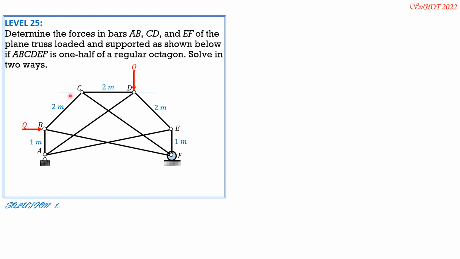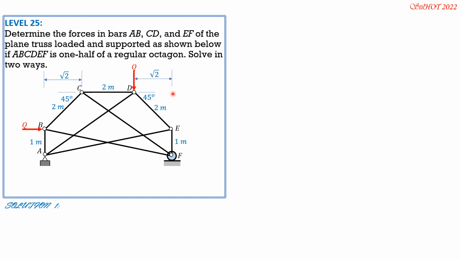So this angle is 45 degrees. Remember, for a regular octagon, this is also 45 degrees. Then for the other members, this member makes an angle of the same, so these two are equal. So this distance is 2 meters cosine of 45, so that's square root of 2 meters.